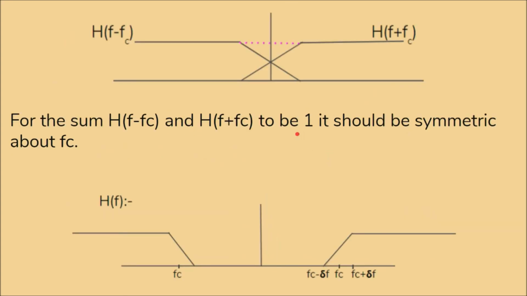Now we can see that according to the condition, they should sum up to 1. So this value is 1 and all these values should sum up to 1. So we can say that they should be symmetric around the y-axis, or we can also say that they should be symmetric around fc.